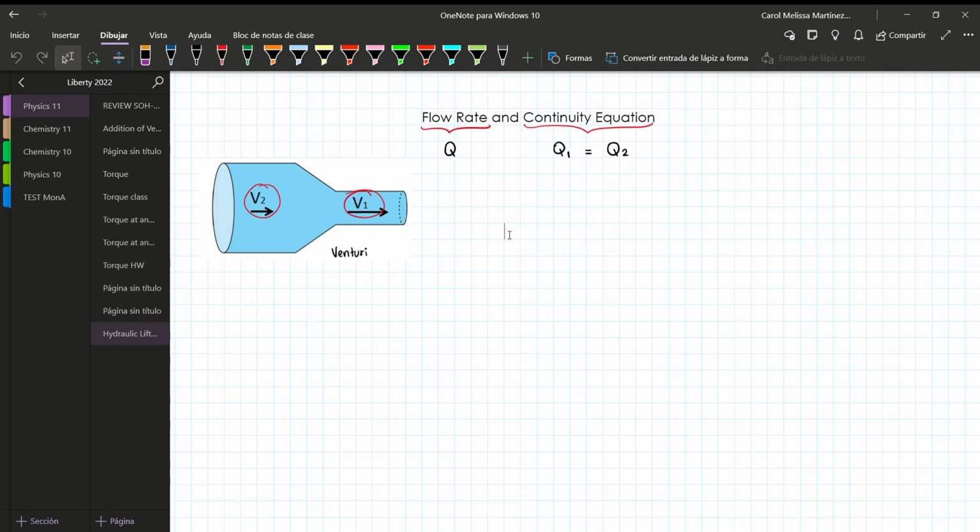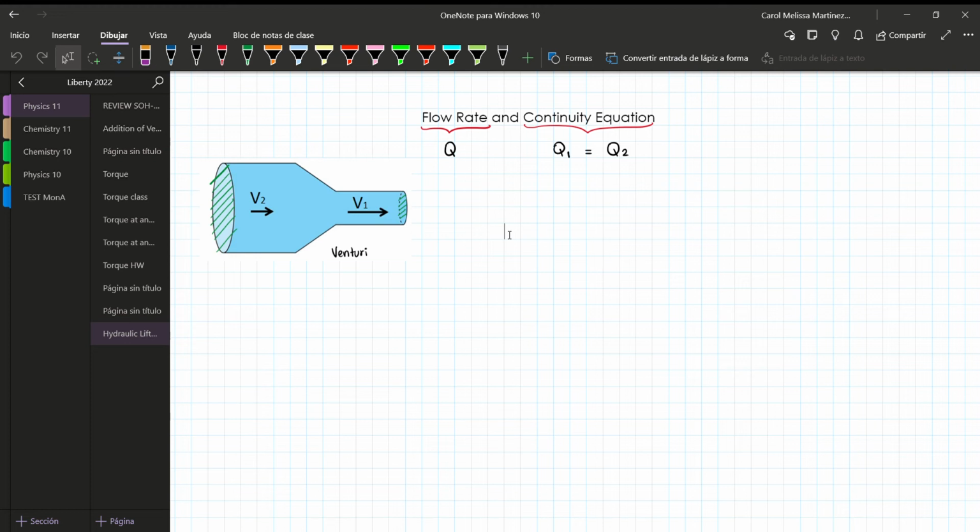We're going to need to know velocities, and also the areas of the cross-sectional regions, which, as you know, are circular as well, so we're going to be using a lot the formula to find the area of a circle.